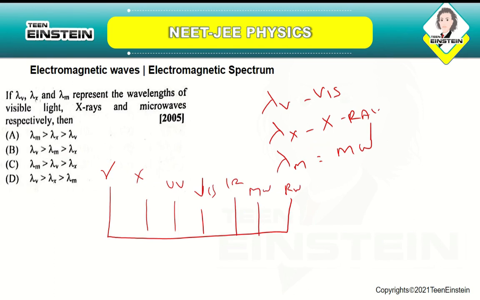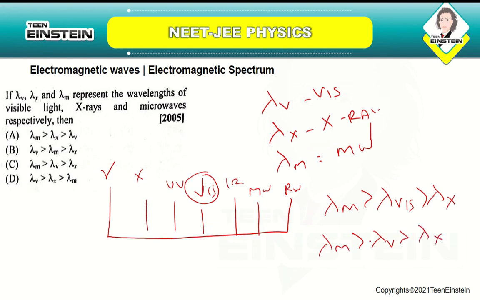Microwaves have the largest wavelength, so lambda m is greater than lambda v, which is greater than lambda x. The correct answer is option C.